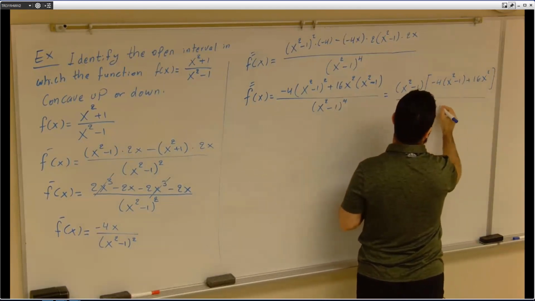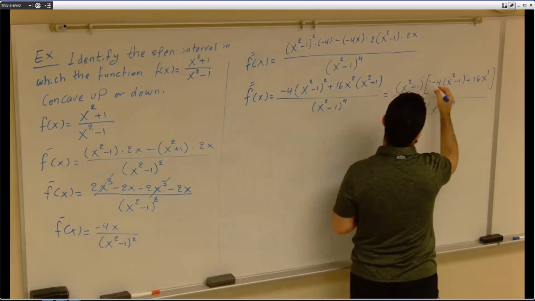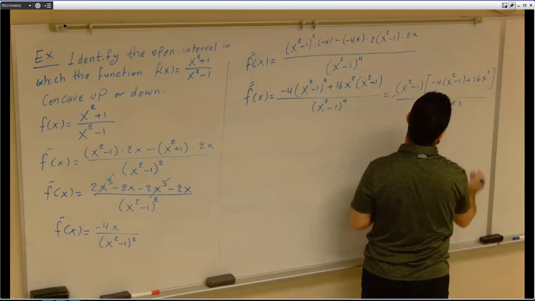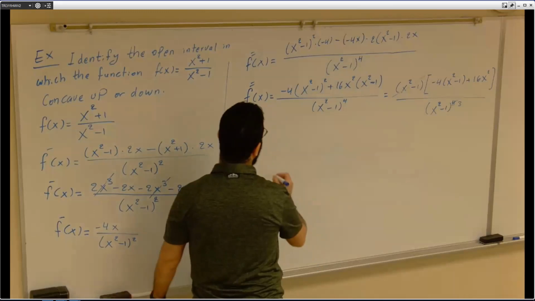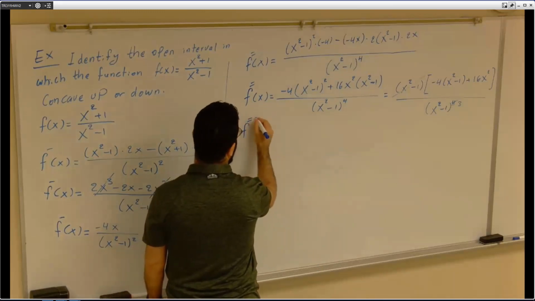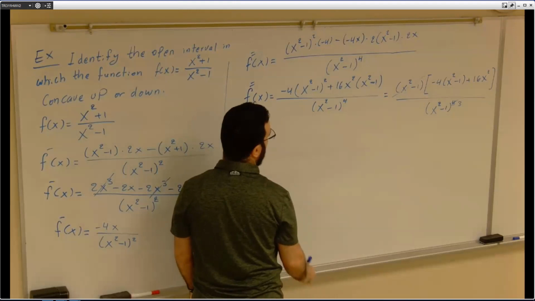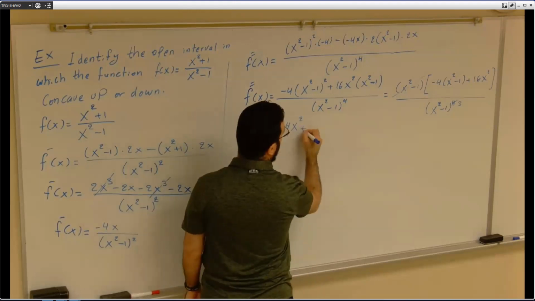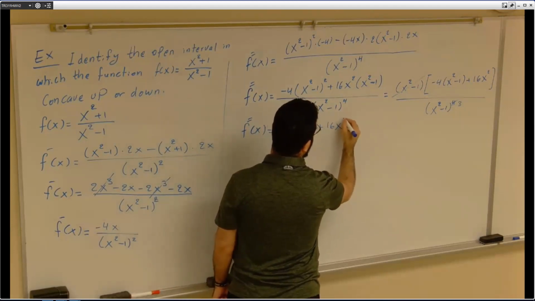Everything is divided by x squared minus 1 to the power 4. Cancel these. This is the cube. Distribute this one. So the second derivative is going to be negative 4x squared plus 4 plus 16x squared.